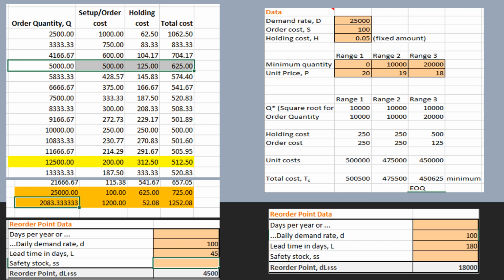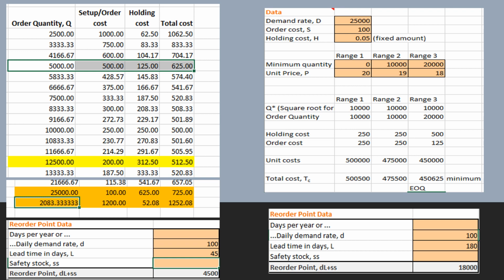And for 20,000 and above, 18 pesos. Here we have the order quantity. For range 1, our order quantity is 10,000. The holding cost is 250 and the order cost is 250. Our unit cost is 500,000, so our total cost is 500,500.